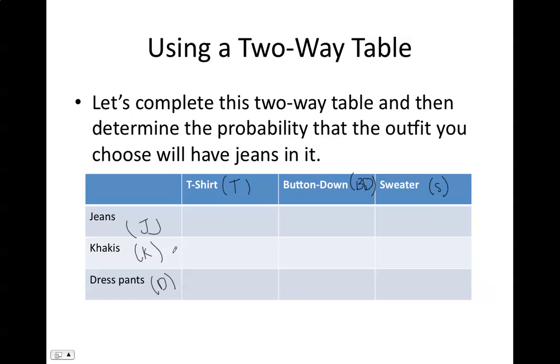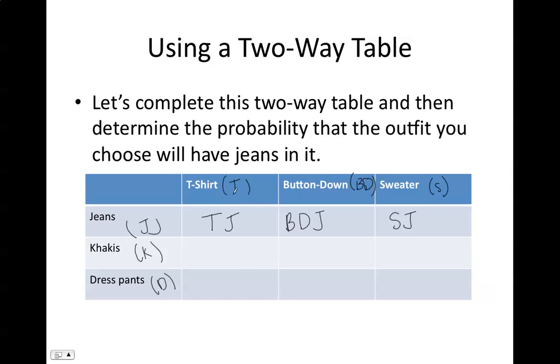Alright, and so what we want to do is go ahead and complete those things. In this first box here, I would have the T and the J, meaning the t-shirt and the jeans. Notice that that's where they would intersect or where they would meet. In the second, I'm going to have the button-down and the jeans. And then finally, in the last row here, I would have the sweater and the jeans.